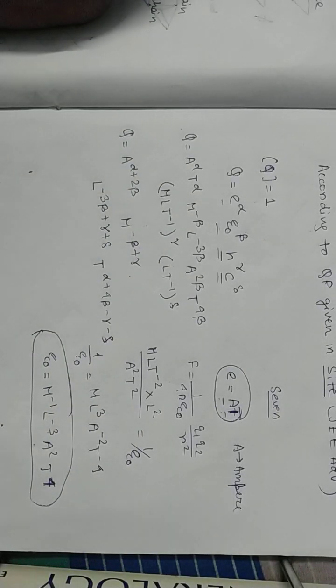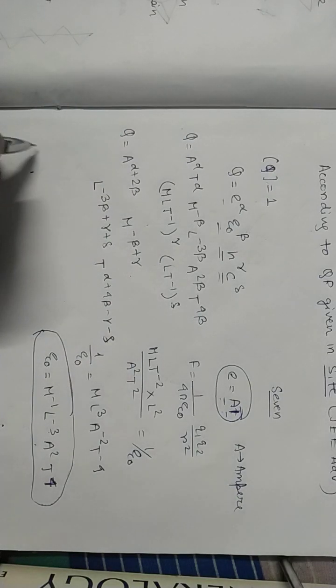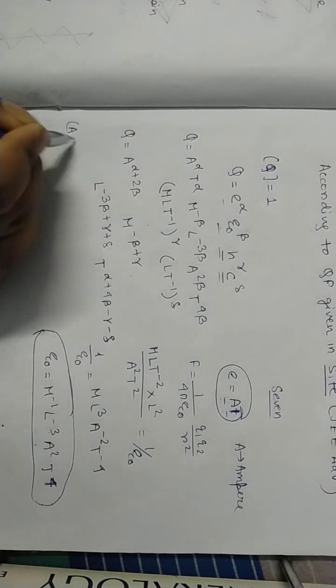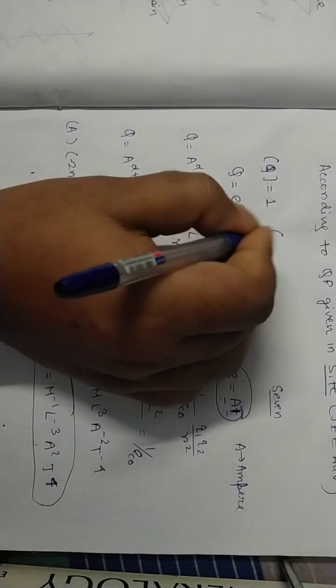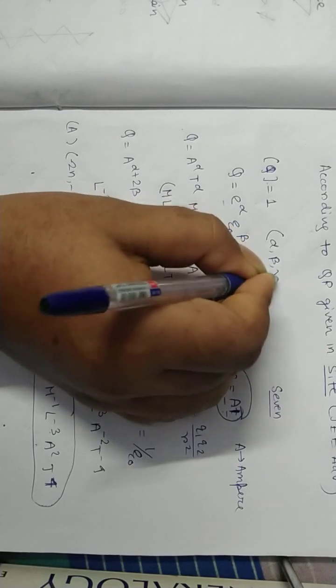Okay, so the options given to us are A, 2n minus n. We require to determine the value of alpha, beta, gamma, delta.